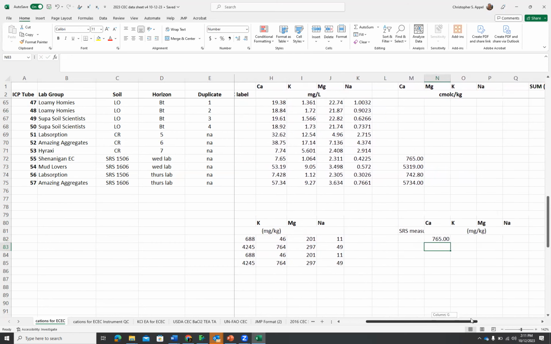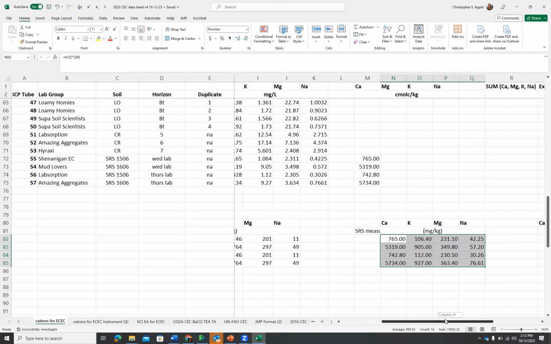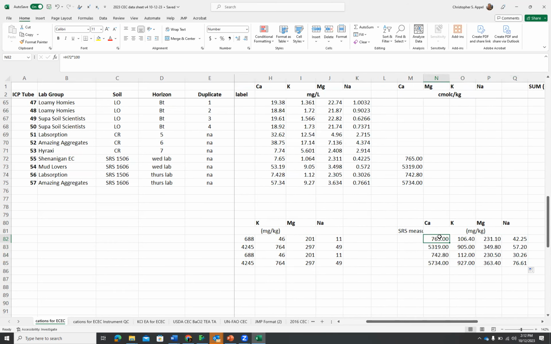So it's just whatever that value is times 100. And we can cross and fill it down. Again, there's the formula right there.